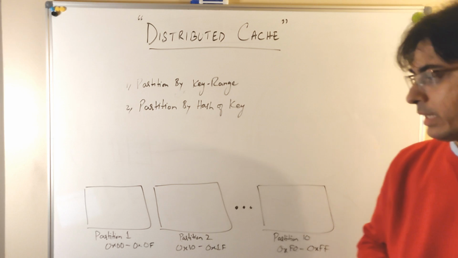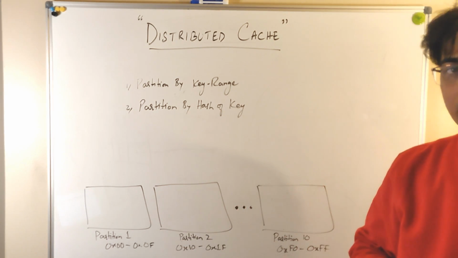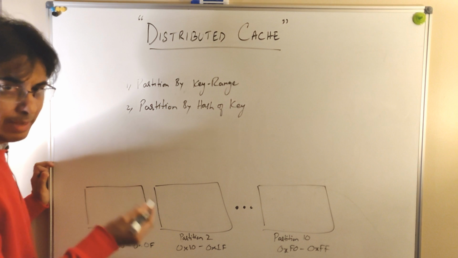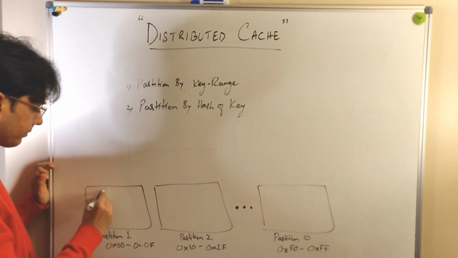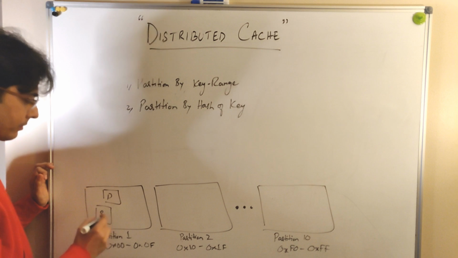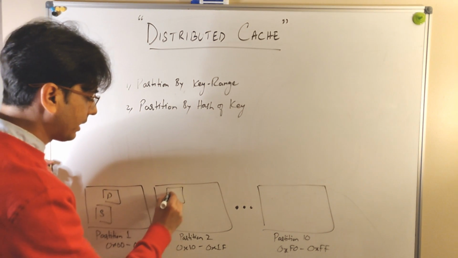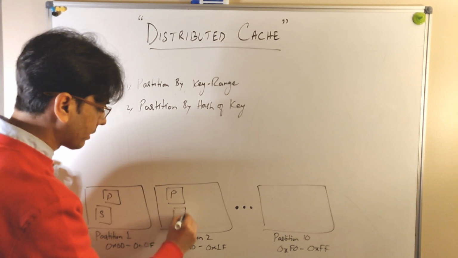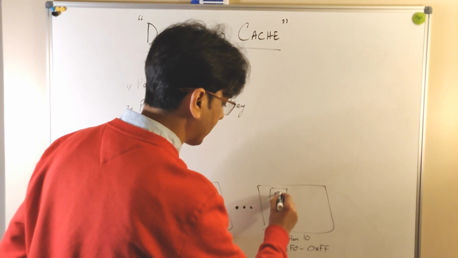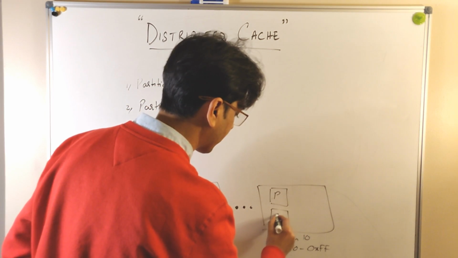We are assuming that each partition has 2 replicas. One of them is the primary replica and the other is the secondary replica. This is a primary replica, this is a secondary replica. This is the primary replica and this is the secondary replica.